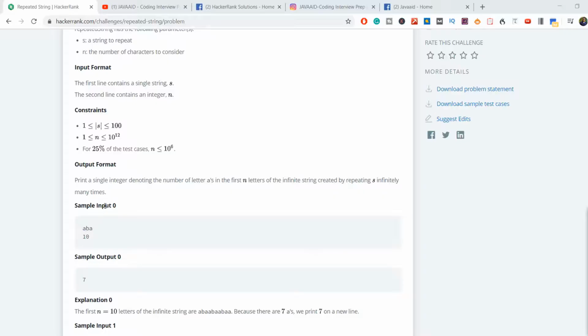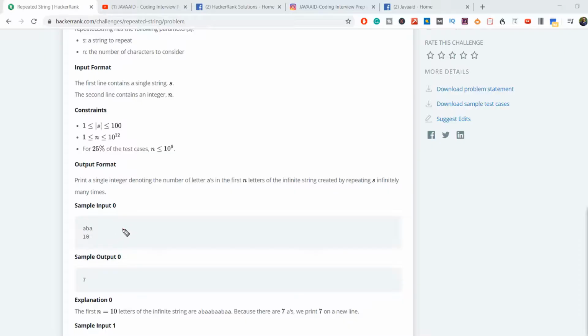So let's see the sample input, guys. So this is the sample input. In that you can see we have the string ABA. And we have to tell the number of occurrences of the letter A in the substring which can be formed by repeatedly adding this string till the 10th character. So let me just add this string again and again.